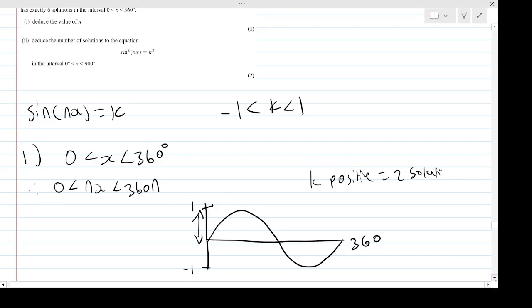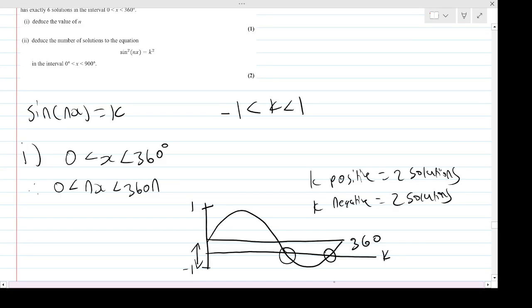What if k is negative instead? What if k was, say, there? So k would be here, k is negative. Again, we would have two solutions in the first 360 degrees. So actually, we also get two solutions here as well.